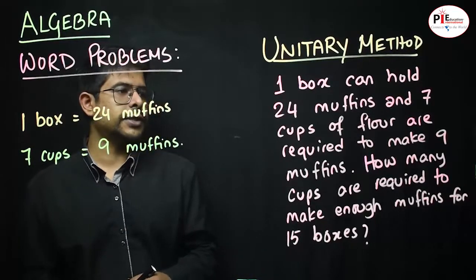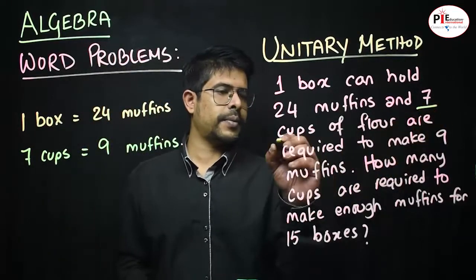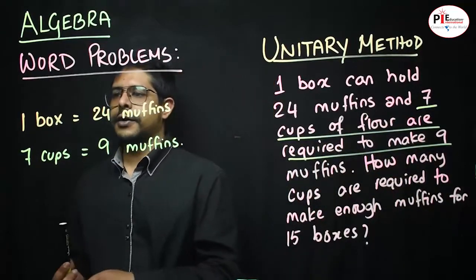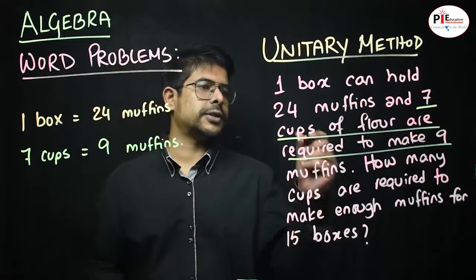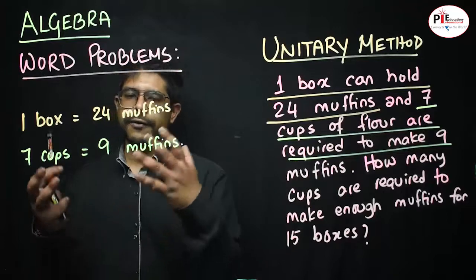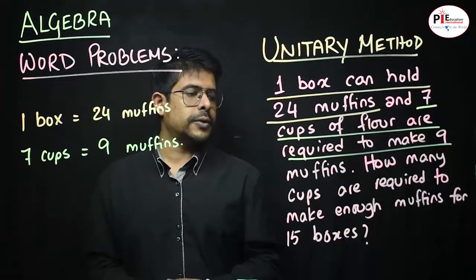So we get the conversions right from here. And for the first one, 1 box equals 24 muffins, we can get it right from here. So now we have written down our conversions. What do we need?